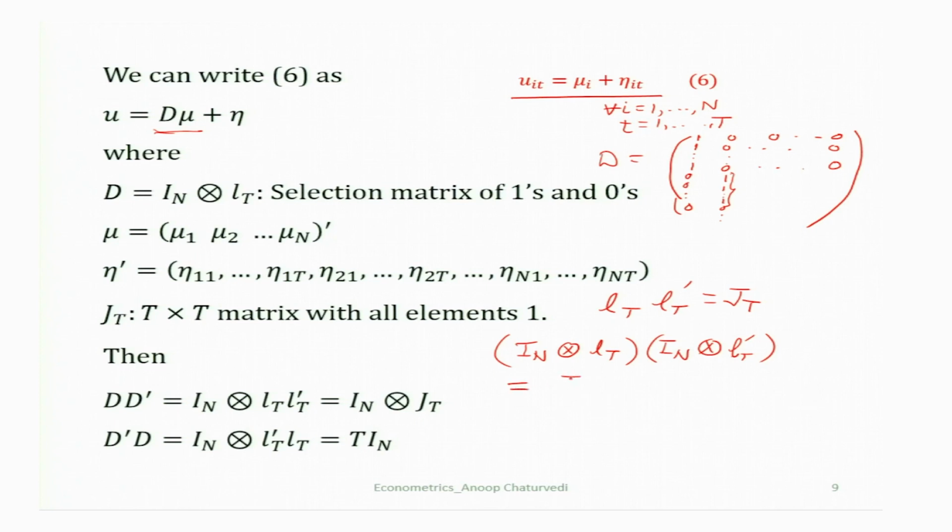So, this is equal to I_N Kronecker product l_T l_T transpose, and l_T l_T transpose is equal to J_T. So, you obtain I_N Kronecker product J_T. Further, D transpose D is equal to I_N Kronecker product l_T transpose l_T, and l_T transpose l_T is equal to T. So, you get T times I_N. D transpose D is equal to T times I_N.